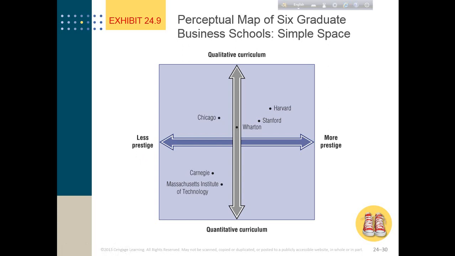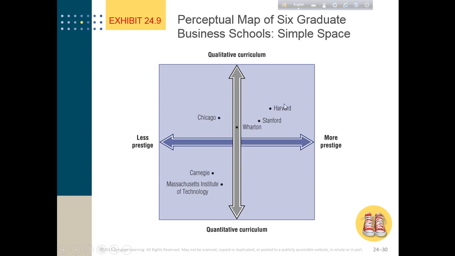So all our respondents provided their judgment in terms of the prestige and the quantitative or qualitative curriculum of these six business schools. On the basis of their responses, the schools are placed in this multidimensional space.